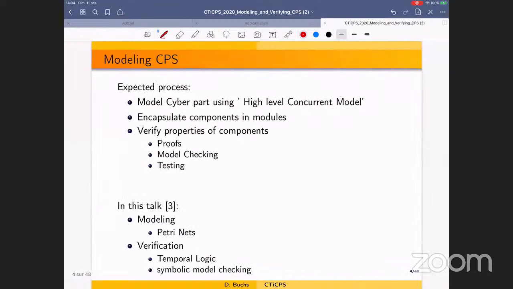So it means that I need to model the system using a high-level model, and I added the fact that it's a concurrent model. It means that in most of the system, we have to take care of the possible concurrency of different activities. So we need to be able to model such aspect of the system.